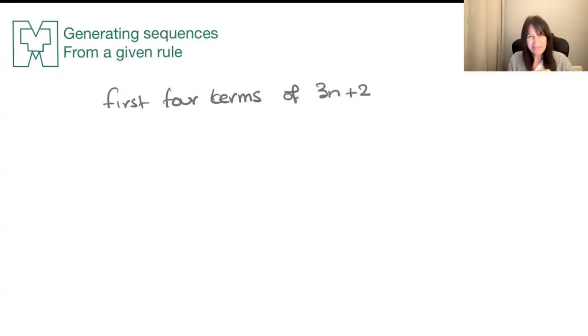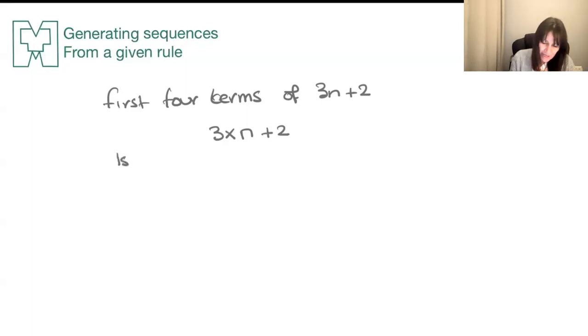Now, this does take a little bit of work. There's no quick shortcuts, but we can start looking at it, seeing what happens if we're clever. Okay, so first of all, our rule is 3n + 2. That means 3 times n, plus 2. And I quite like seeing what it means because it means I can then see what I need to do.